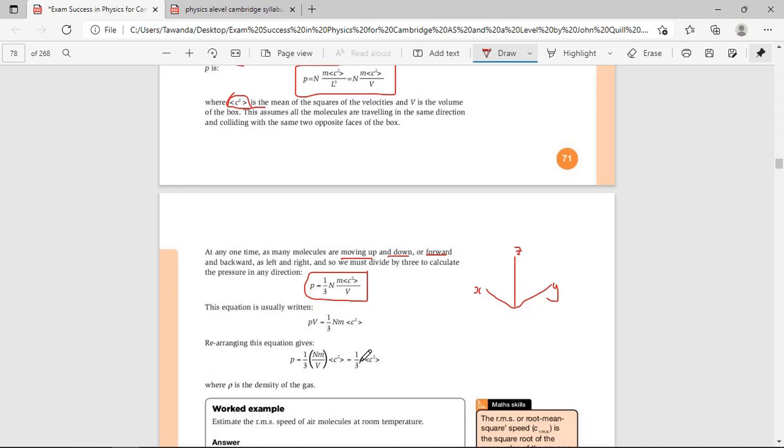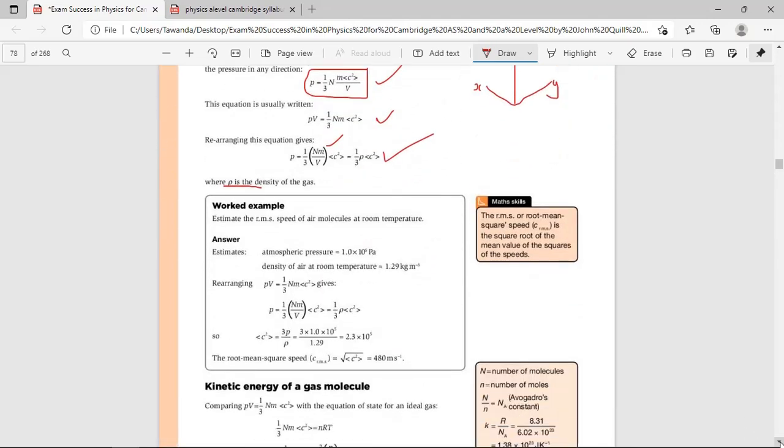So in fact there are several equations of this one. You can take this equation, or you can rearrange it, and if you rearrange it you are going to generate density, where Nm is the total mass over volume, which is the density.